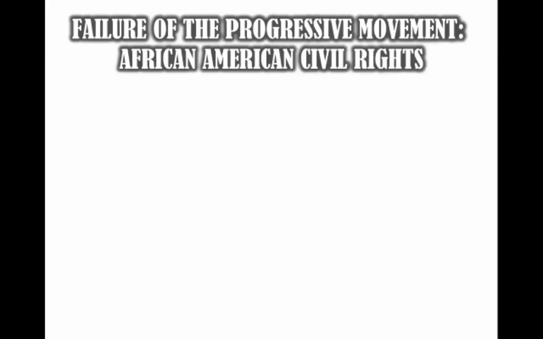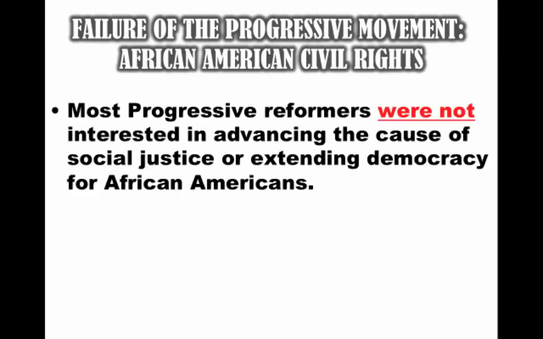Now, an area you should really make sure you know about is the failure of the progressive movement when it came to African American civil rights. And this goes beyond Woodrow Wilson, because most progressive reformers were not interested in advancing the cause of social justice or extending democracy to African Americans.